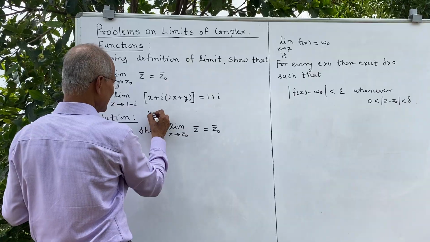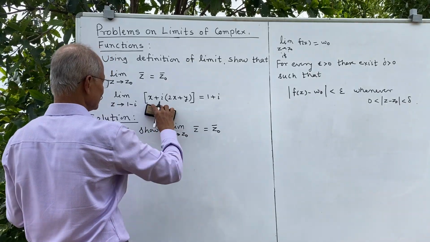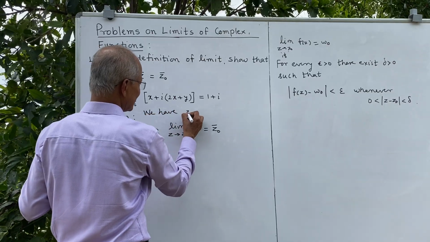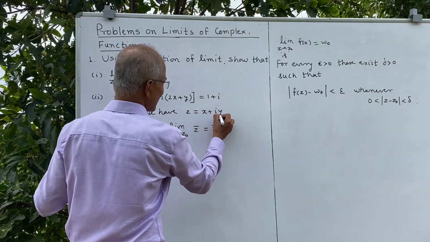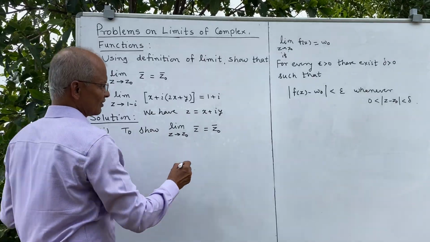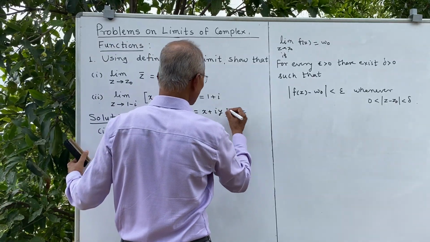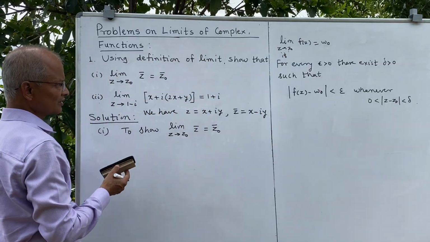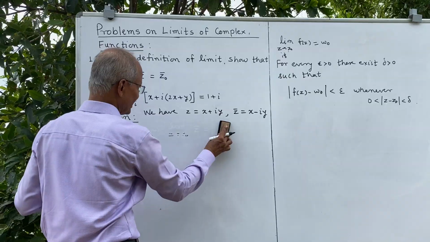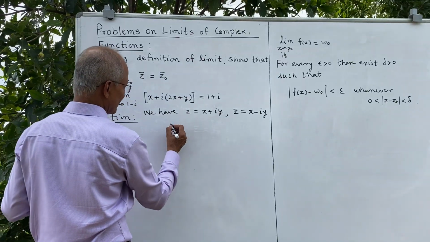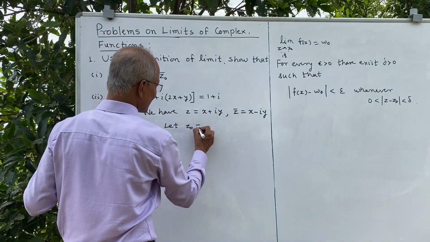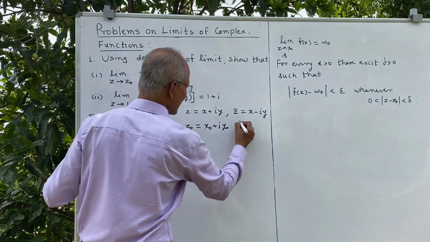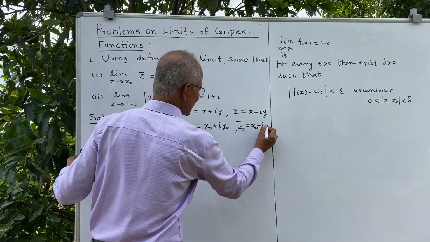We have z equal to x plus iy, and z bar is the conjugate of this, which is x minus iy. And z naught is x naught plus iy naught, and z naught bar is x naught minus iy naught.